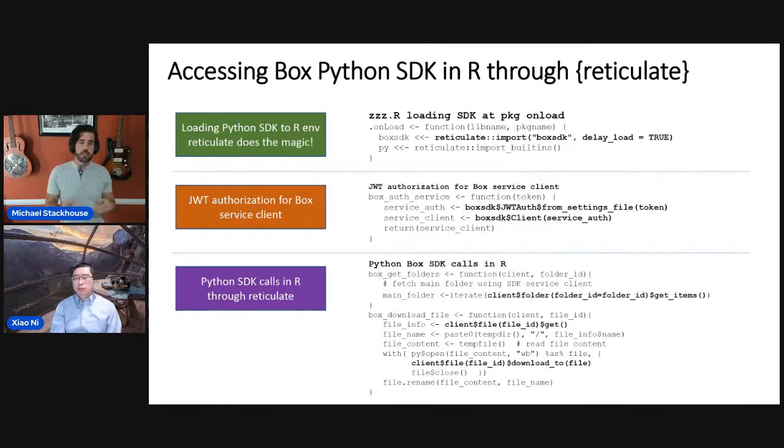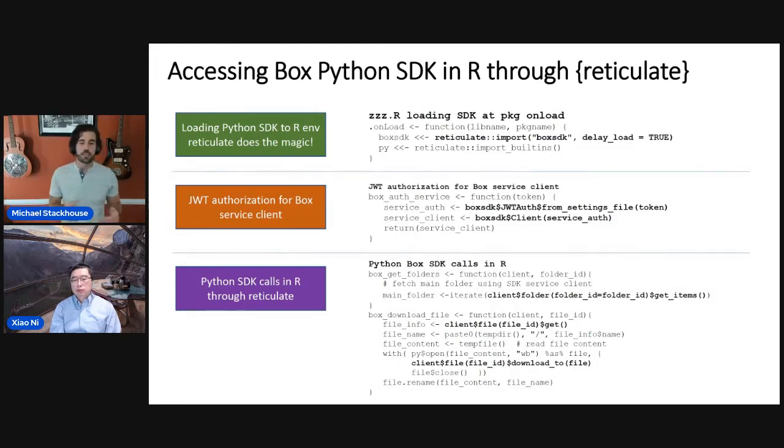But then when we're looking to collect the service client, that will be used to do the talking through the Box API, you're actually able to call individual functions from Python using dollar chaining in the same way that you have dot chaining in Python. So the syntax is fairly seamless going from R into Python. Using that Box SDK library, we're able to import the authentication token and get the service authorization, and then create a client that we can then use to talk.